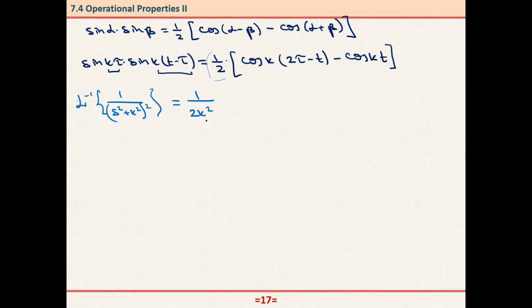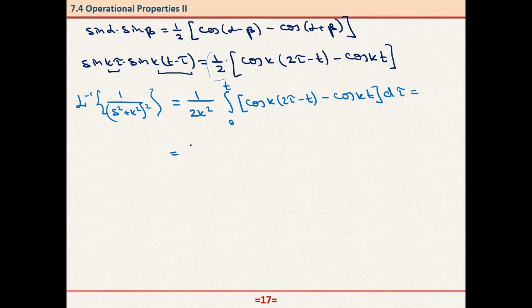Now here we have 1 over 2k squared, and here we have the integral from 0 to t, right? And instead of these two things, I can just write this: cosine of k times 2 tau minus t, minus cosine of kt, d tau, right? Now we know how to evaluate this.